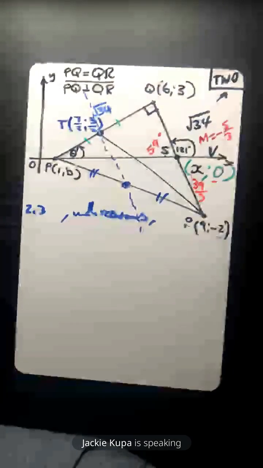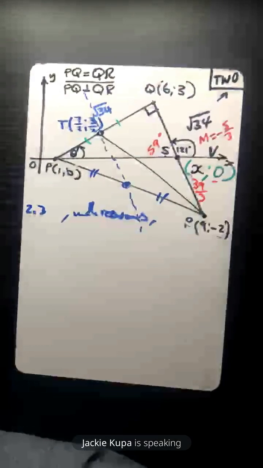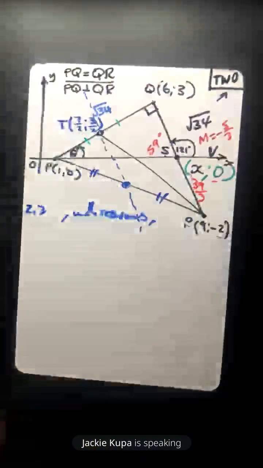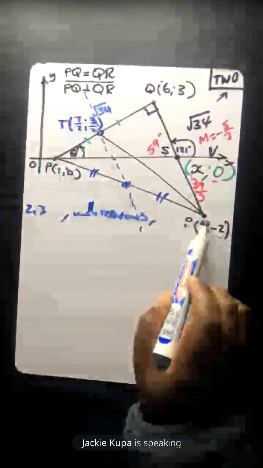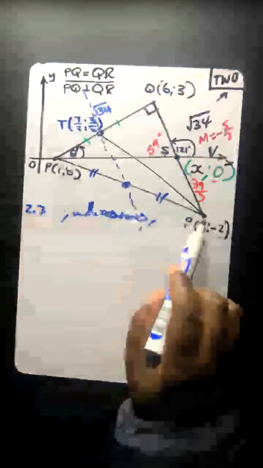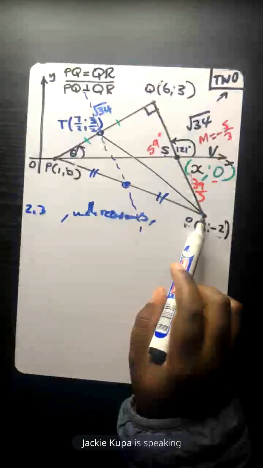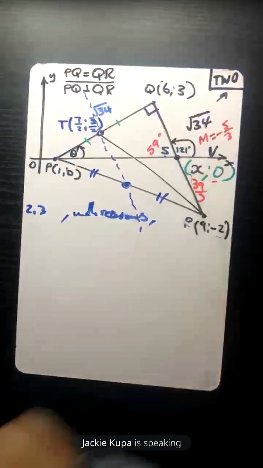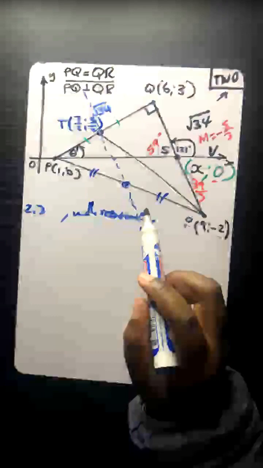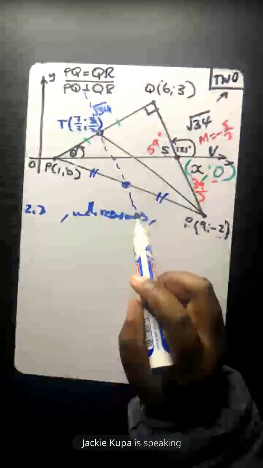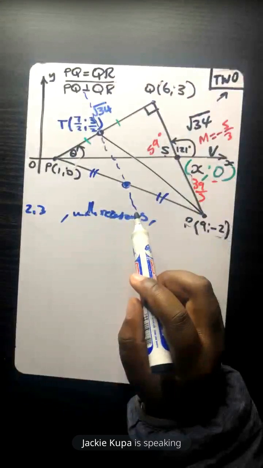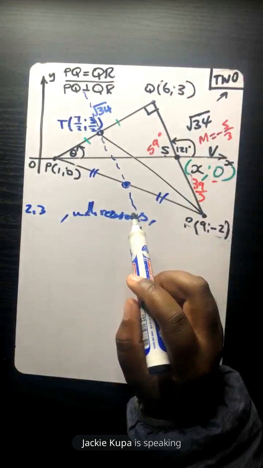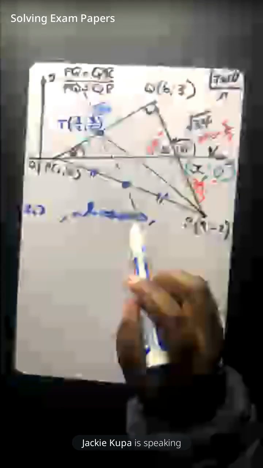I think we have to find the midpoint between P and R first. Yes, that can be found easily. And after that, we have the coordinates of the midpoint and the coordinate of T, and then we can find the gradient of this line.